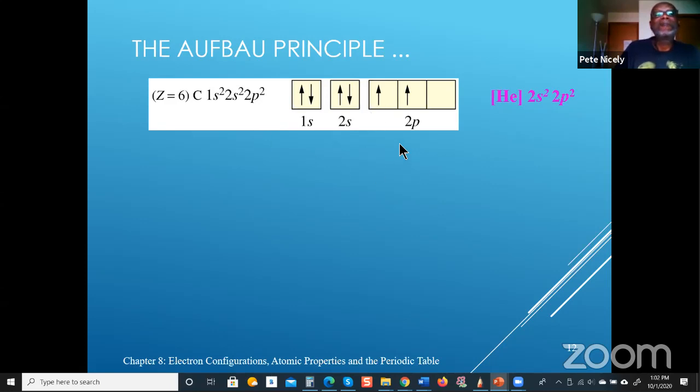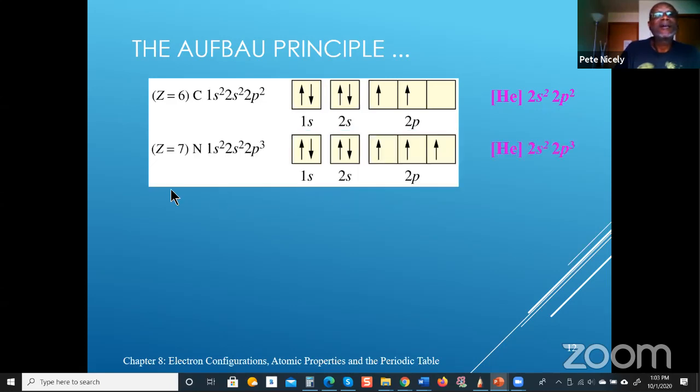And in terms of the abbreviated electronic configuration, it's going to be this, what you see here, right? Now, of course, this here represents the electronic configuration of helium, which is this part right here. And then you just simply write down the rest, which is 2s2, 2p2, all right?